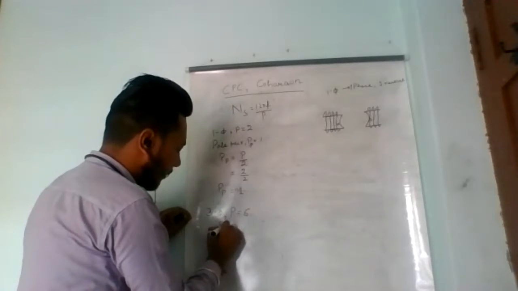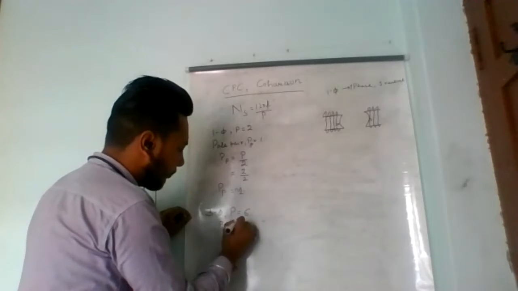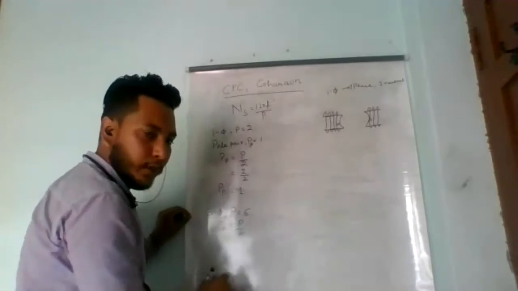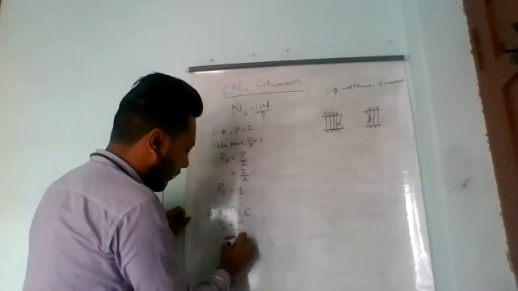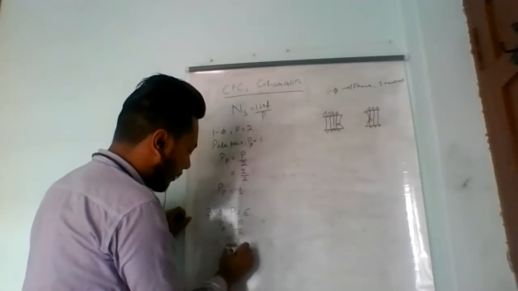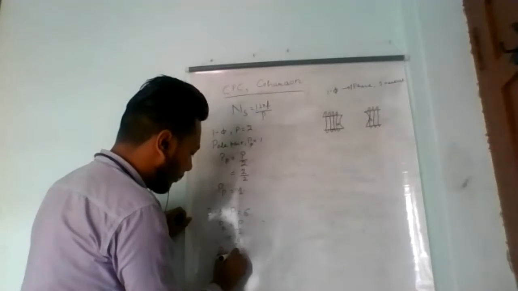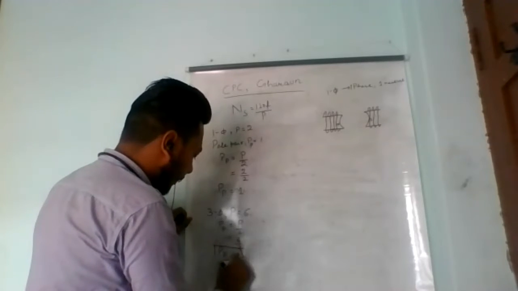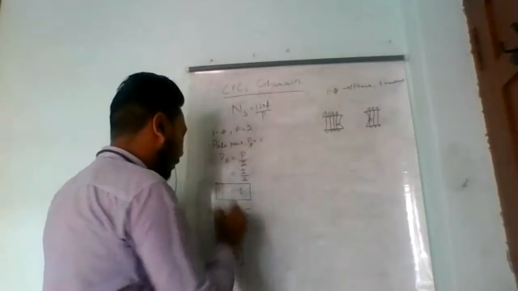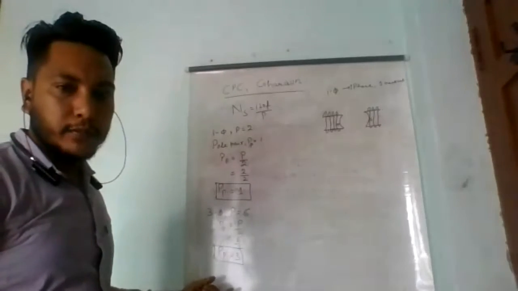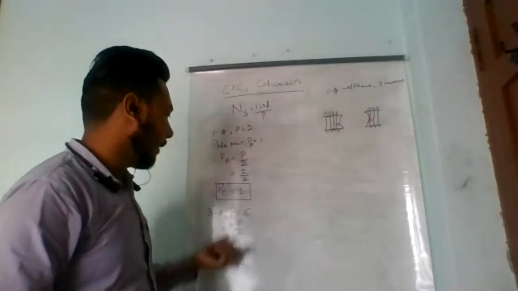As we know, pole pair is P upon 2. Putting P as 6, 6 upon 2, the pole pair is equal to 3. As you see, in a single phase induction motor the pole pair is 1, and in a 3 phase induction motor the pole pair is 3.